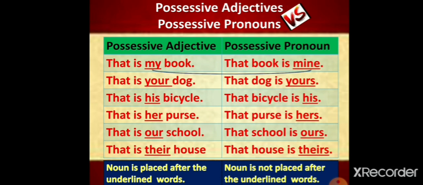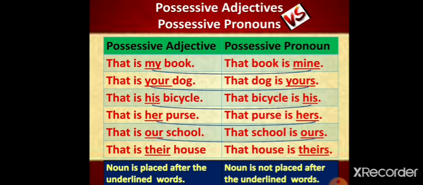सो हैव अ लुक अगेन. माई चेंजेस टू माइन, your changes to yours, his changes to his. So his, actually his में कोई change नहीं हो रहा. Her changes to hers, our changes to ours, and their changes to theirs. Alright. So possessive pronouns भी हमें possession के बारे में ही बताते हैं.